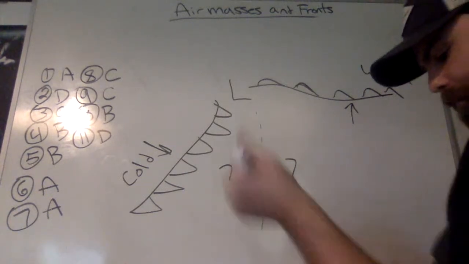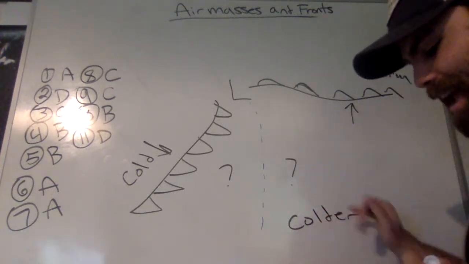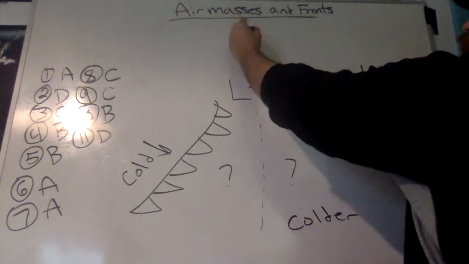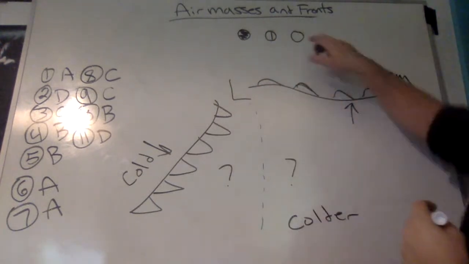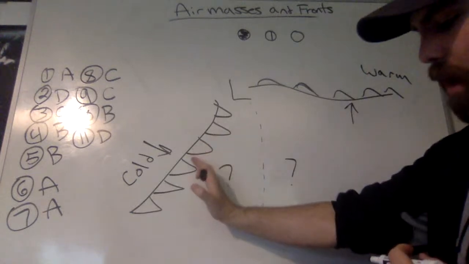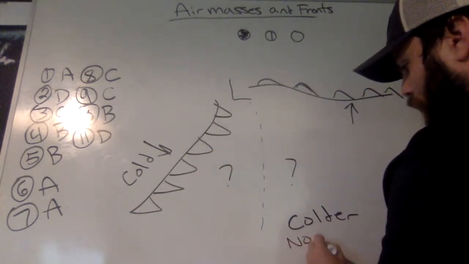So you can say it's colder, all right? And then the other thing is, when we're looking at station models, you can either have it filled in, you can have it halfway, or you can have it open. If it's open, that means there's no clouds. A lot of the station models to the left have no clouds, so it's going to be no rain.